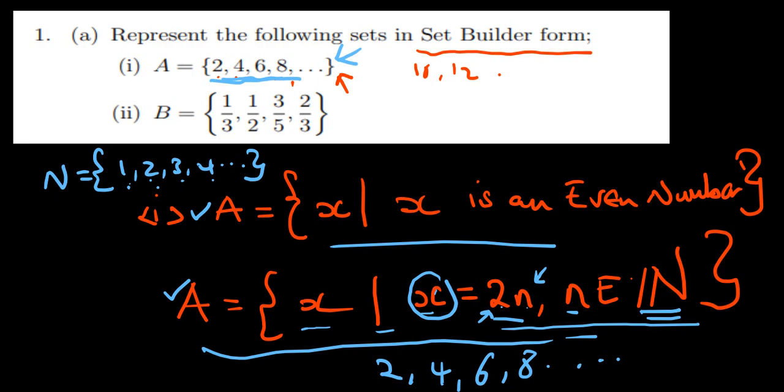Remember the AP and GP, those formulas that you find in order to describe them. It will be a bit similar to that. You're just trying to find a formula that would describe the elements in that set that are in roster form. Now we are putting it in set builder notation. All right, so any questions there?